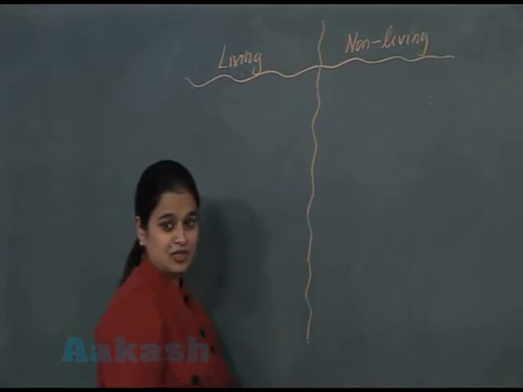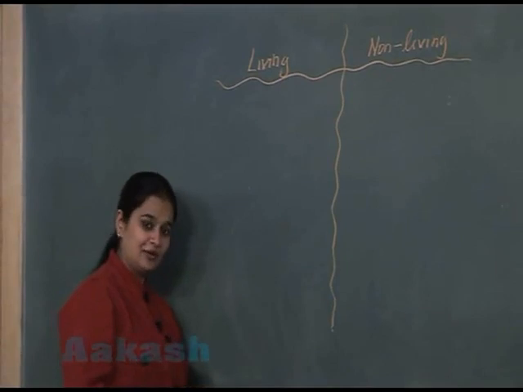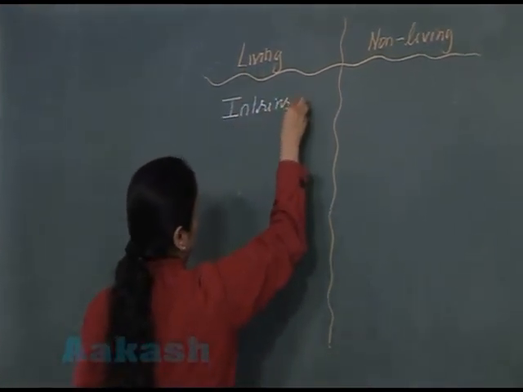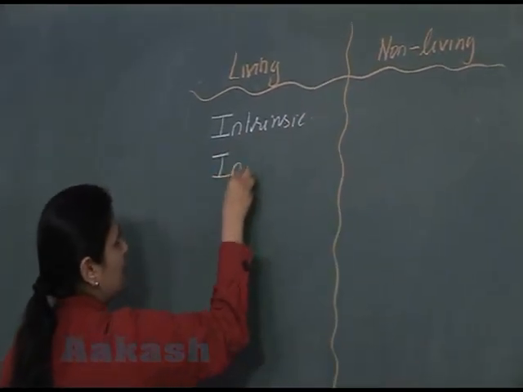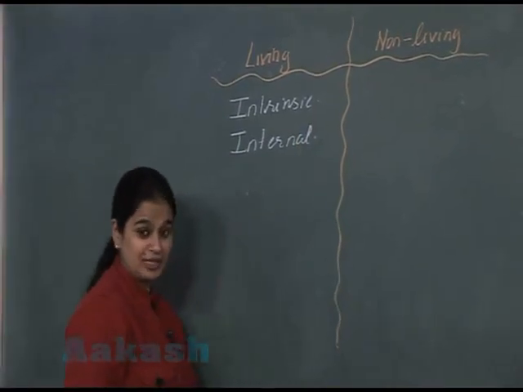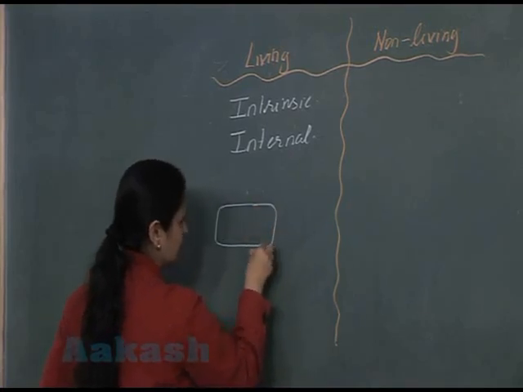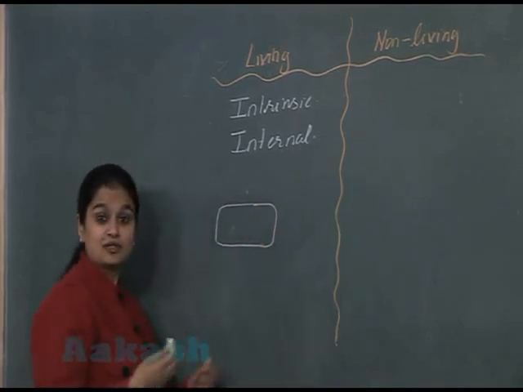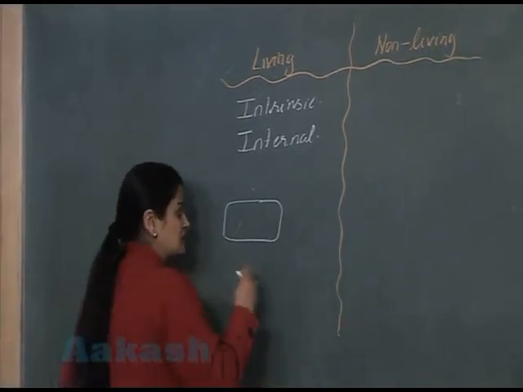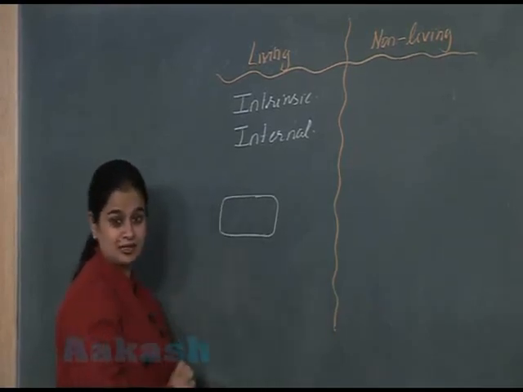In the living, just now I have told you that in the living organism, growth is intrinsic. Intrinsic growth, you can also call it internal growth. So let's try to explain this. Let's say this is our cell. It is the structural unit of an organism. Now during the growth, inside the cell there is formation of protoplasmic substances.